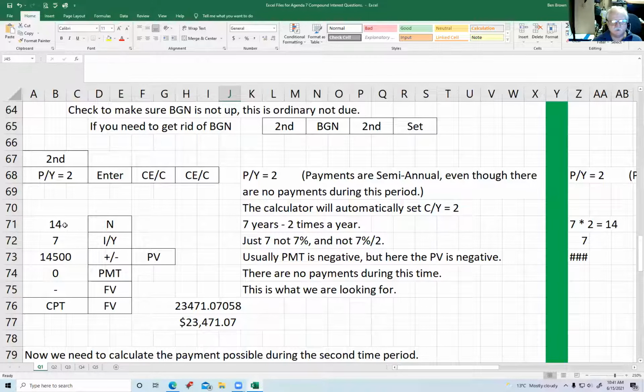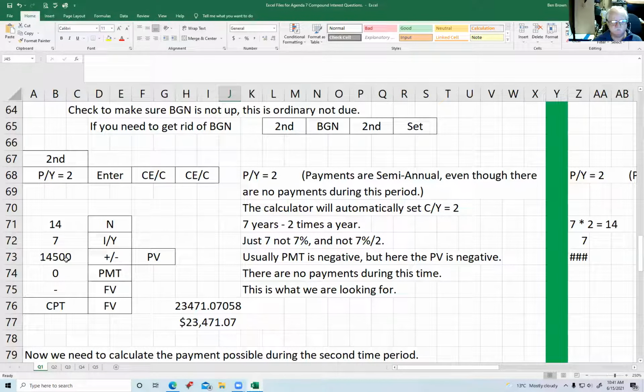So we have to again calculate the 14 semi-annuals. Although for the BA2 Plus, we don't have to calculate I. We can just put in 7, not 7%, not 7% divided by 2, just 7.